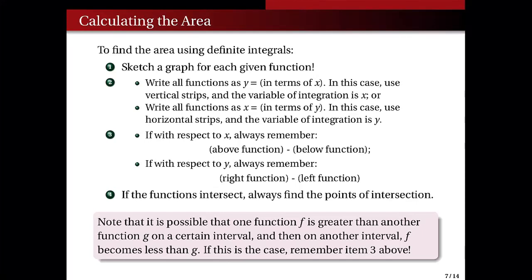The function g becomes greater than the function f. That's why I recommend my students to remember this instead of f of y minus g of y, or f of x minus g of x, because there are some possibilities that they will cross over. Questions so far?